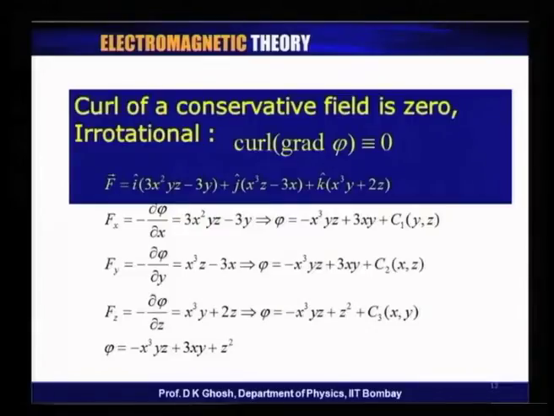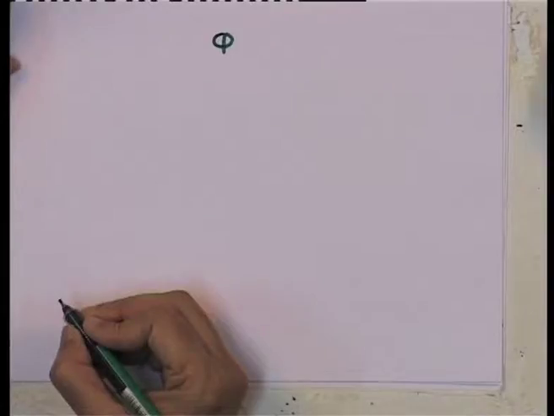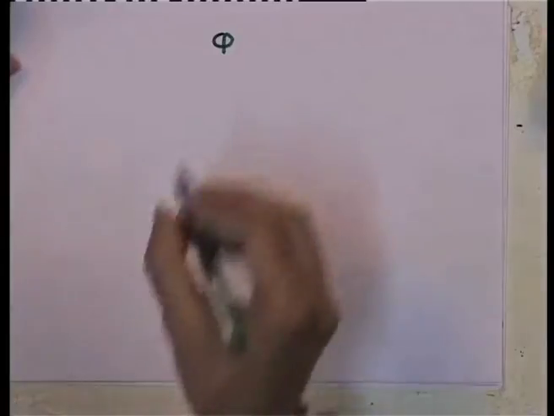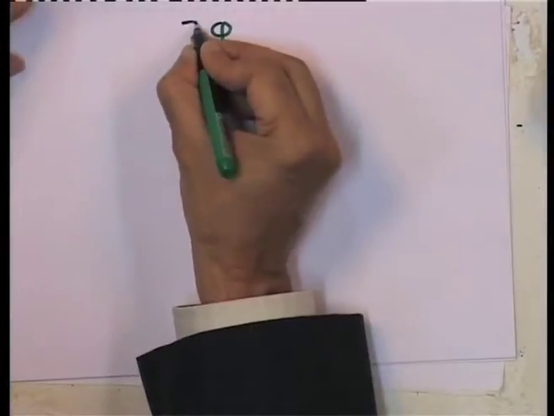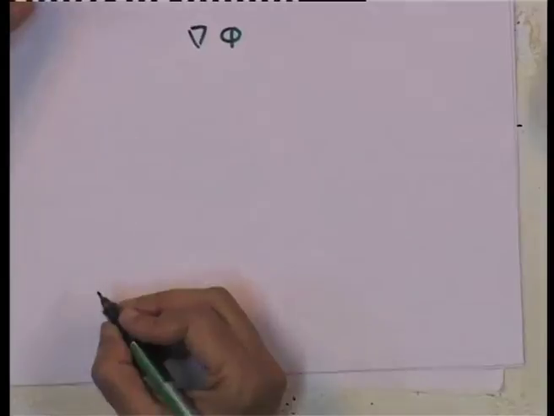Now, one of the things that you can easily calculate. Remember that we said the curl of a vector is a vector. One of the vectors with which we have been familiar earlier is to take a scalar field and compute its gradient. Suppose I have a scalar field phi; the gradient of the scalar field is a vector field.